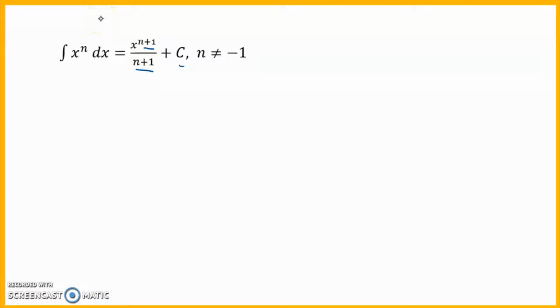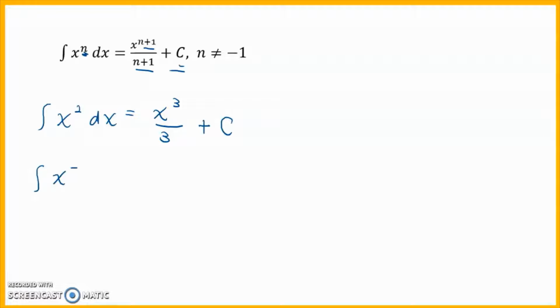Next, to integrate x to the power of n, we take x to the power of n plus 1, we add 1 to the power and divide by the new power. So for example, to integrate x to the power of 2, we're going to get x to the power of 3, which is 2 plus 1, and divide by 3, plus c.